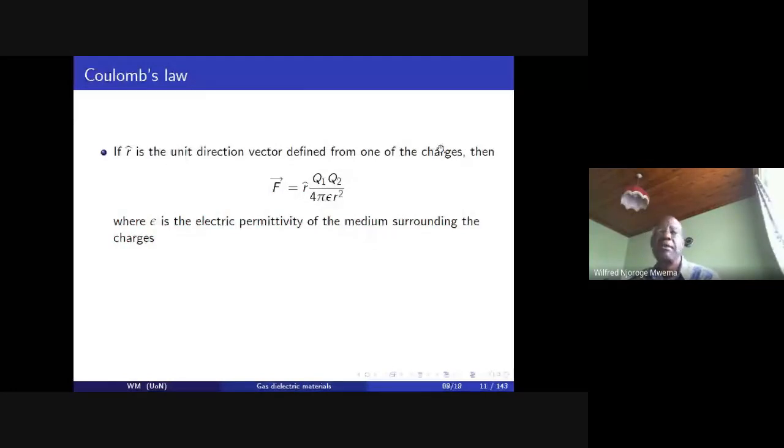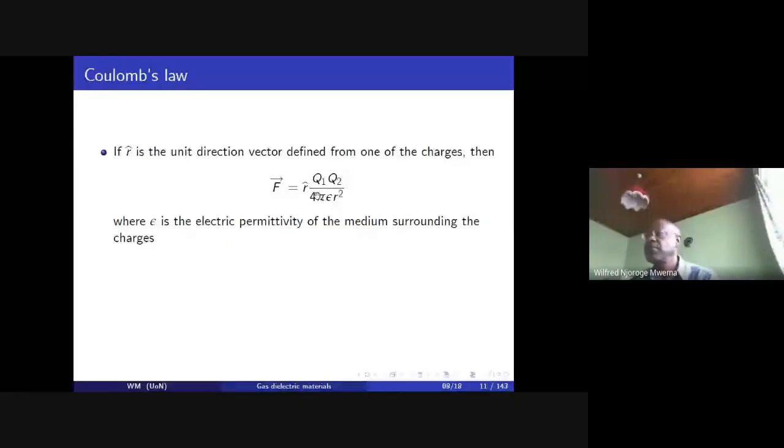then you can write that F is going to be given by r cap multiplied by the product of the charges and divided by the spherical surface area, where we are assuming that Q1 and Q2, if Q2 is the test charge, then Q1 will be a point charge, and its influence will be symmetrical about that charge.